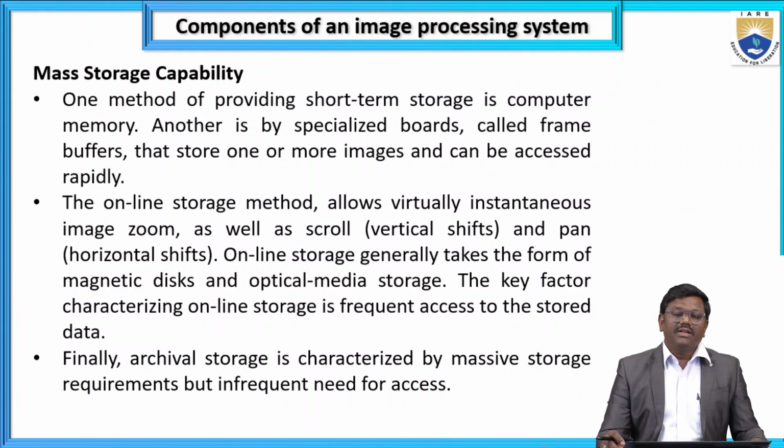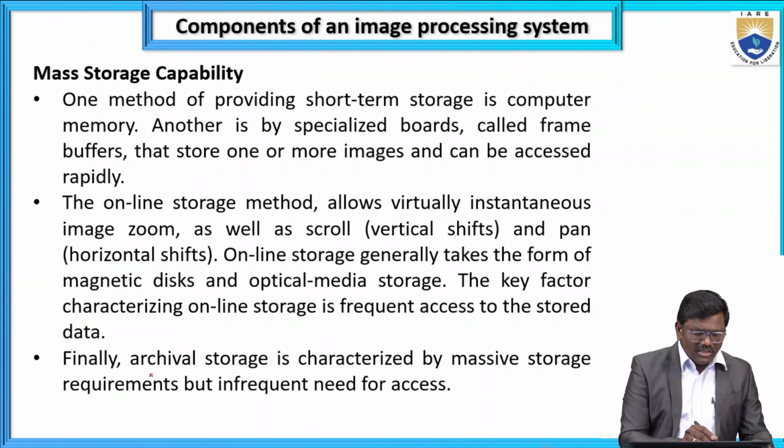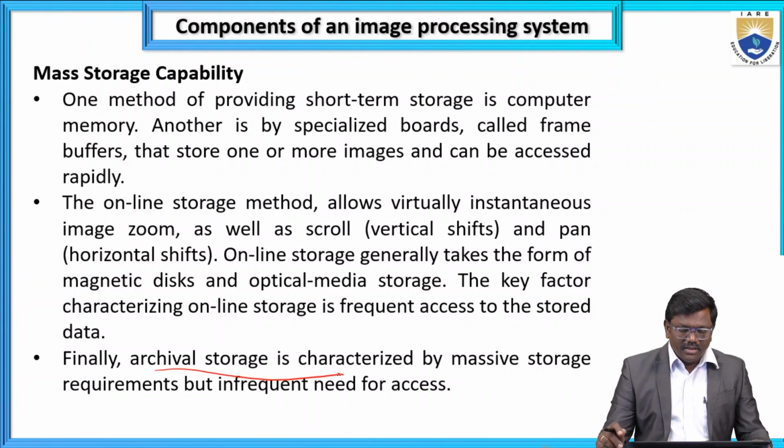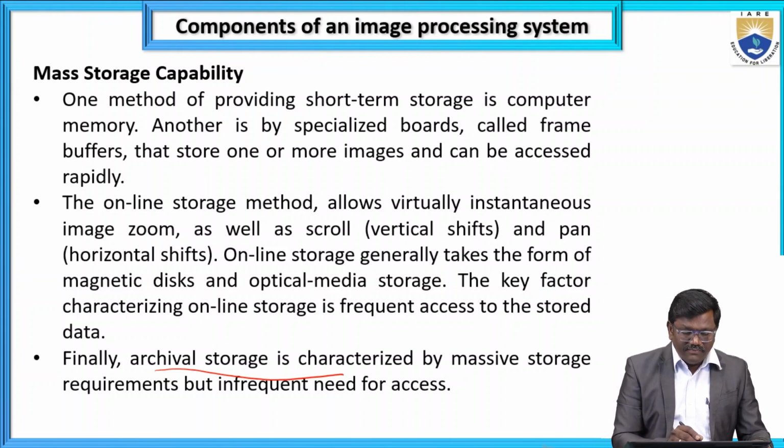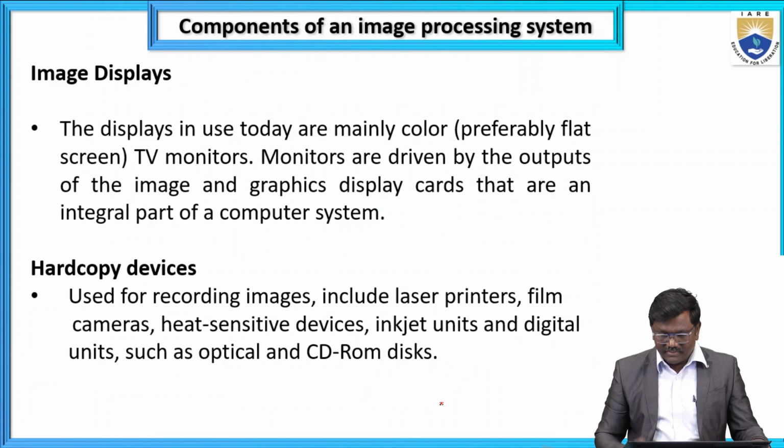Online storage generally takes the form of magnetic disks and optical media storage. The key factor characterizing online storage is frequent access to the stored data. Finally, archival storage is characterized by massive storage requirements but infrequent need of access.